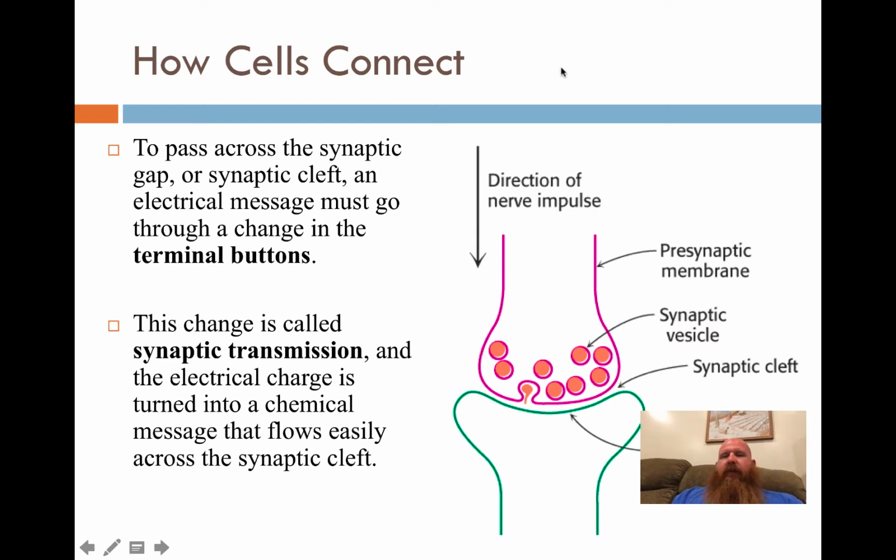So the electrical impulse comes in here and then hits the synaptic button, which contains synaptic vesicles, which contain chemicals. And depending on the signal, different chemicals are released that can then travel across the synaptic cleft to the postsynaptic membrane, where those chemicals are then snatched up, and then the process starts all over again.